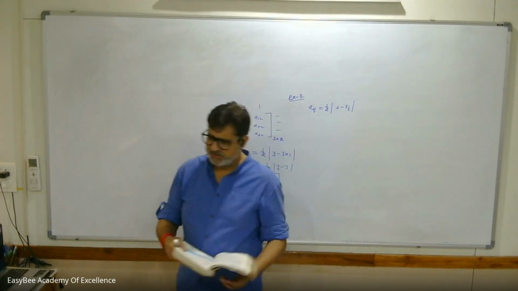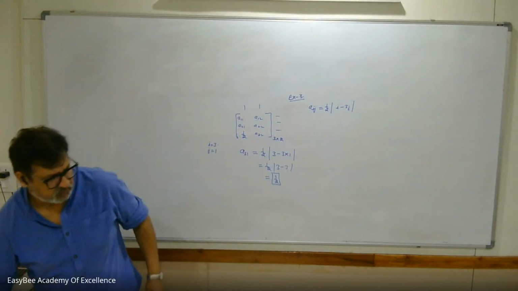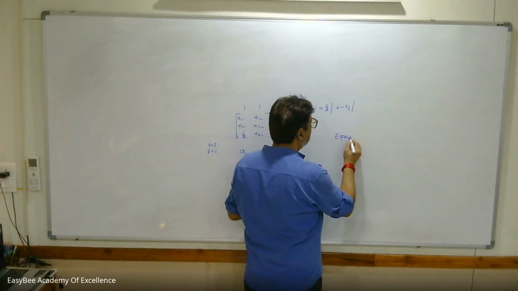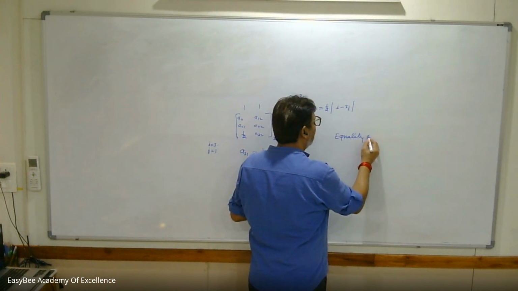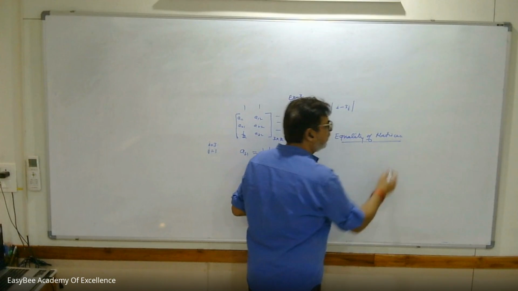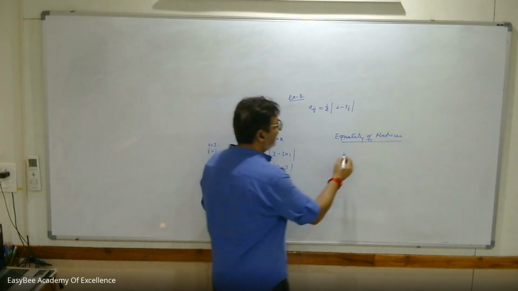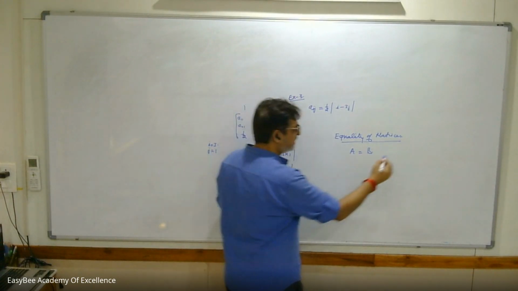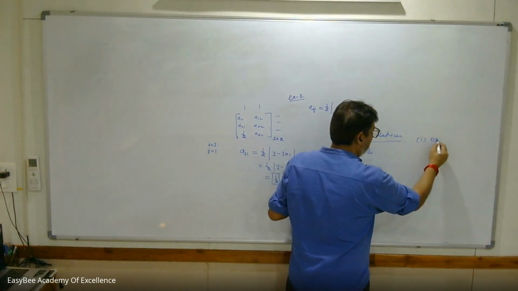Now, the next point is equality of matrices. So when do we say two matrices are equal? If we say matrix A is equal to matrix B, the first condition is their order should be equal.